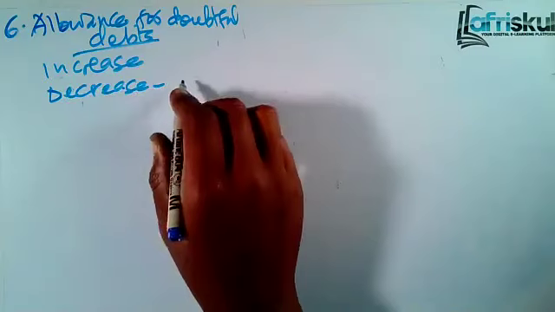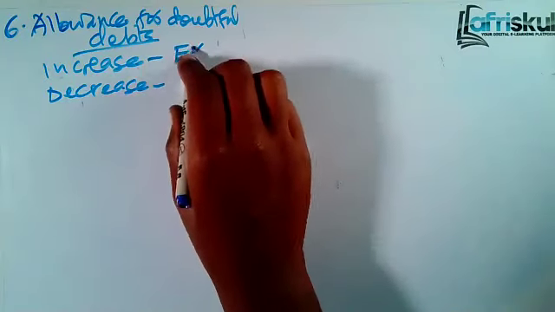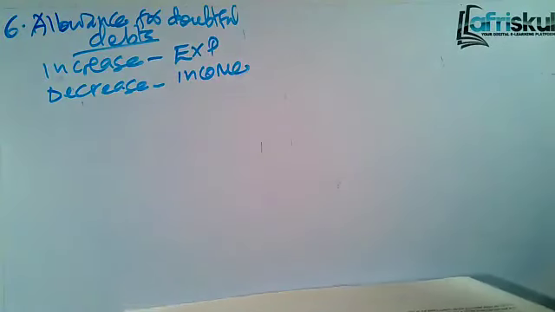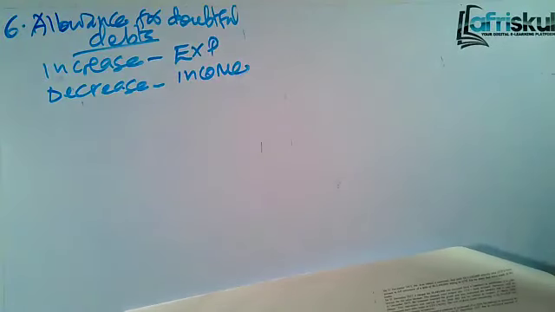Now, for the increase, you take it as an expense. For the decrease, you take it as a what? An income. Now, in our case, we've been told that it was an increase, and therefore we will just take the difference.